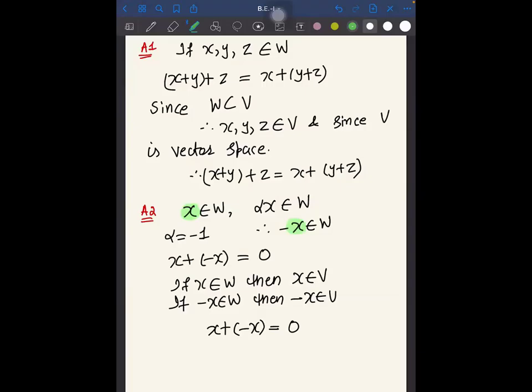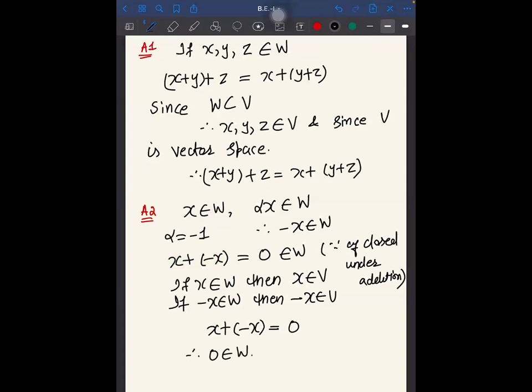That means the result of X and minus X should also belong to W. That means 0 should also belong to W, right? Is it fine? Yes, sir. That is because of the addition property, closed under addition. Right? You're with me? So that means 0 also belongs to W.